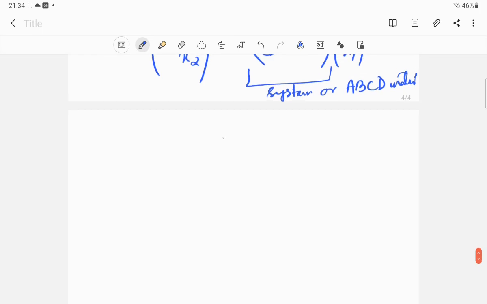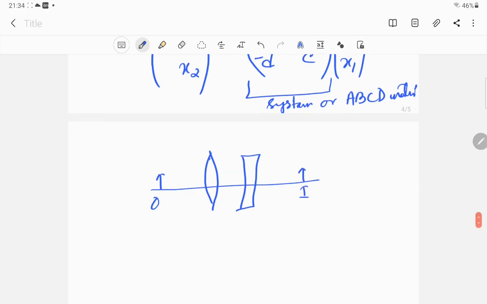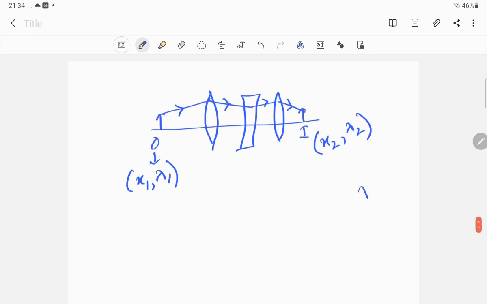I will tell you something again. Suppose you have a ray of light like this, there is a lens like this, then there is another lens like this. You have an object here and an image here. The ray of light passes like this, then again like this. Suppose the object has a height of x1 and angle lambda 1, and the image has a height of x2 and angle lambda 2. First comes a translation matrix.